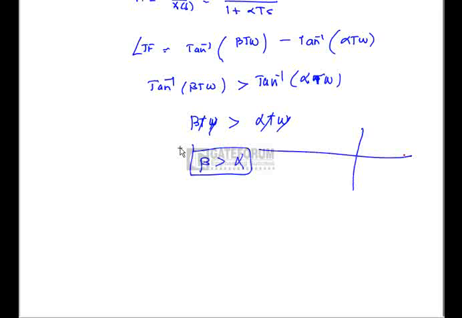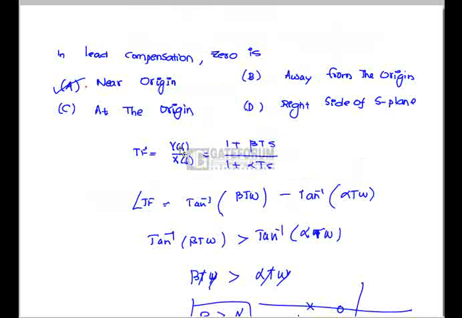We know that here the zero is at 1 by beta t, whereas the pole is at 1 by alpha t. Here beta is greater than alpha, hence the zero occurs near to the origin compared to the pole. Hence option A is correct.